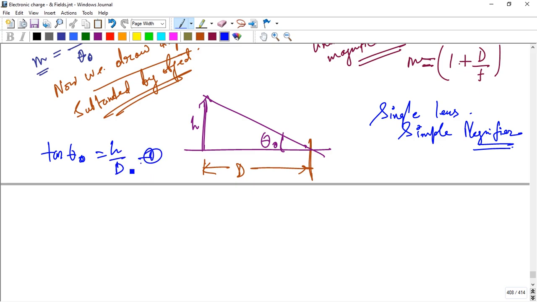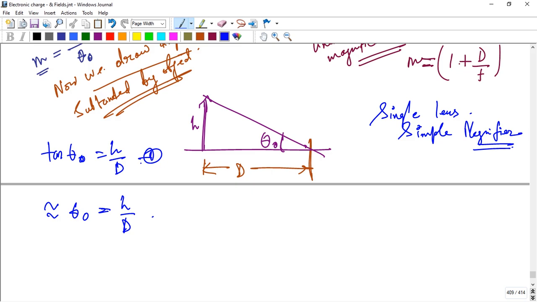Okay, and that is equation number 1. For small angle approximation, theta naught is h by D. And here, suppose the image is at infinity, then we obtain the angular magnification.